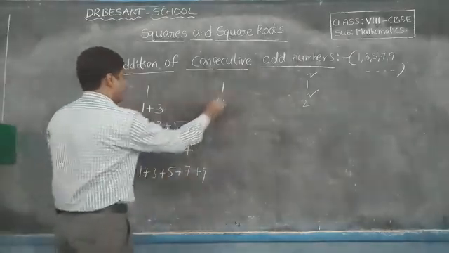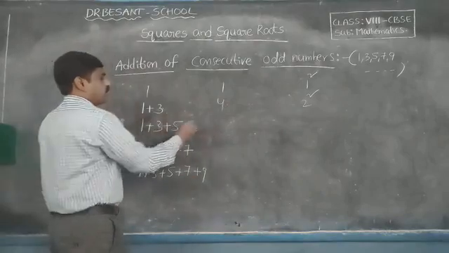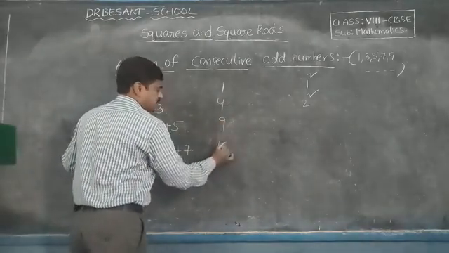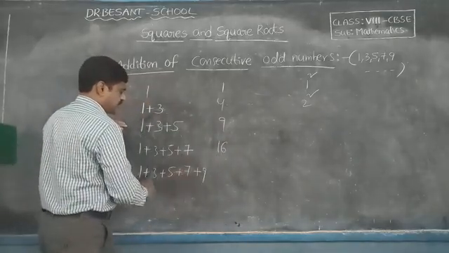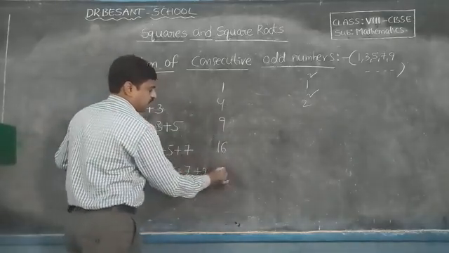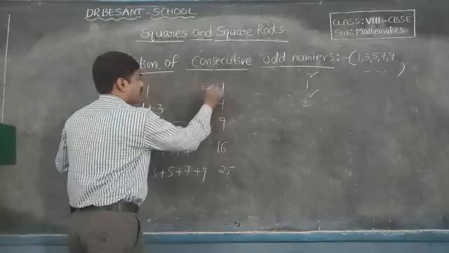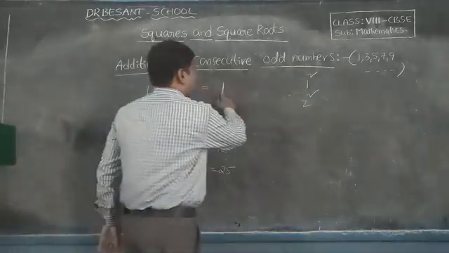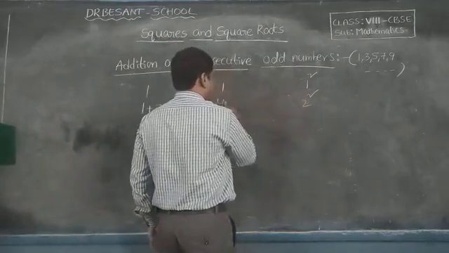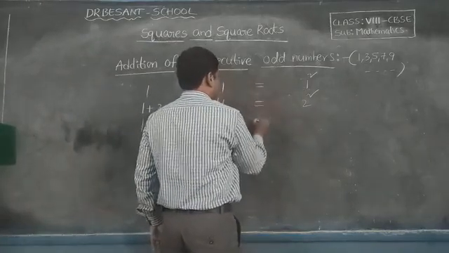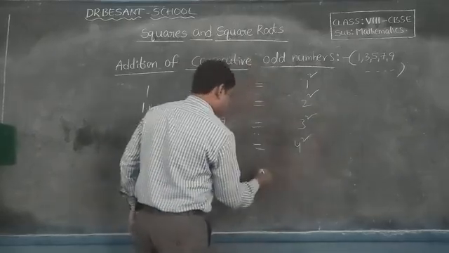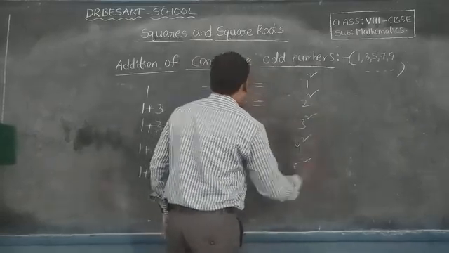Then 1 plus 3 is 4, 1 plus 3 plus 5 is 9, 1 plus 3 plus 5 plus 7 is 16, and 1 plus 3 plus 5 plus 7 plus 9 is 25. Then this is 1 square, 2 square, 3 square, 4 square, 5 square.